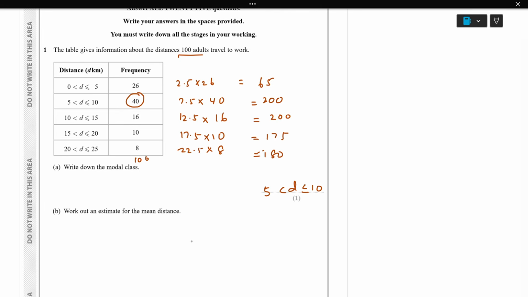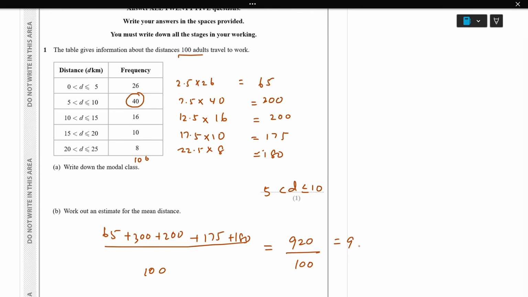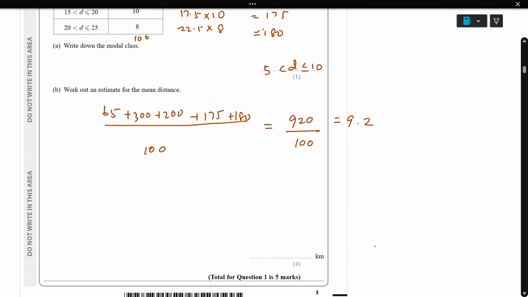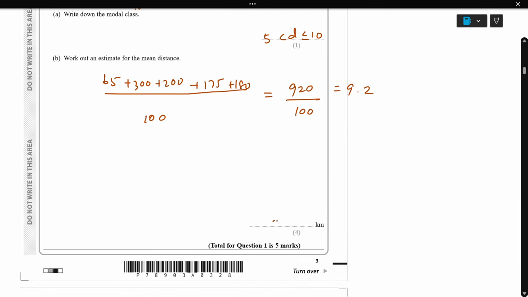So 65 plus 300 plus 200 plus 175 plus 180 over 100, which is equal to 920 over 100, which is equal to 9.2. So the answer is going to be 9.2 kilometers.